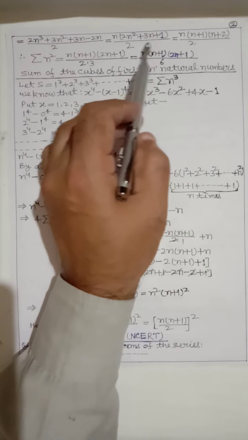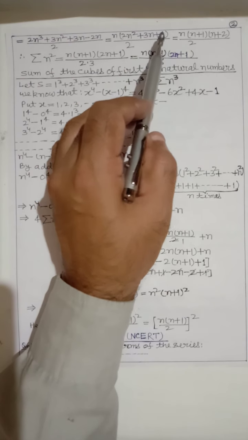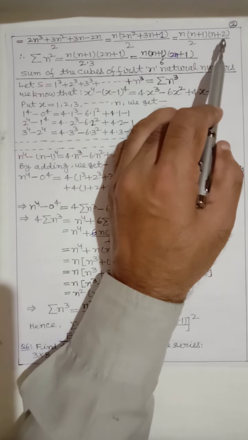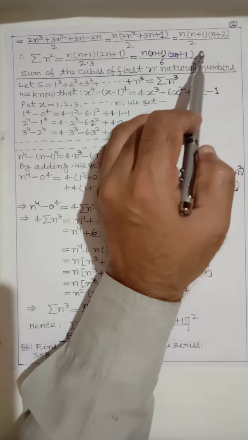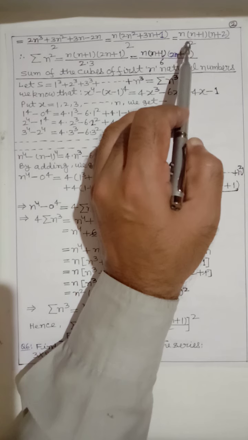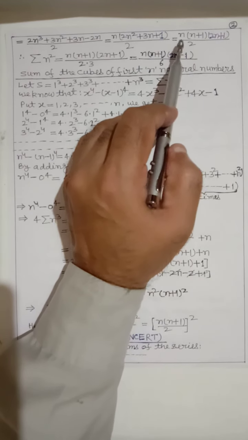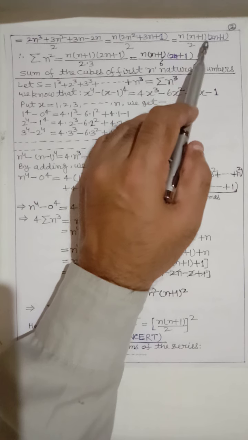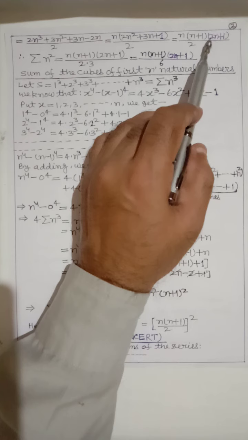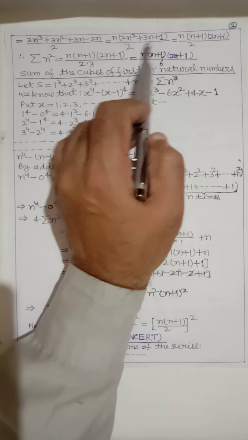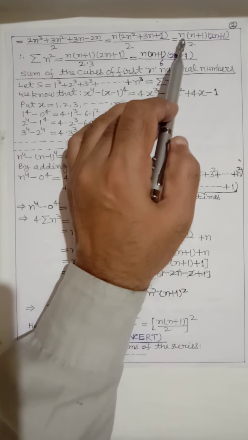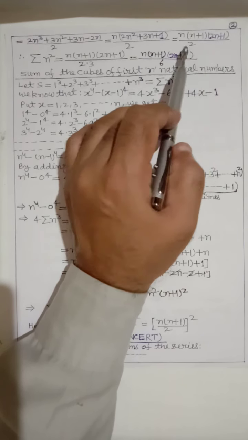And if we factorize this, 2n square plus 3n plus 1, we get n into n plus 1 into 2n plus 1 by 2. This is not n plus 2 here, this is 2n plus 1.